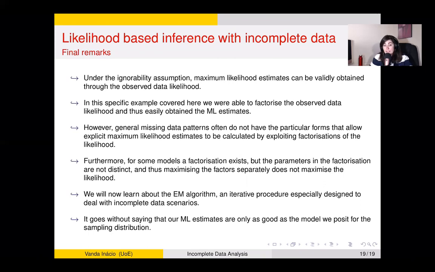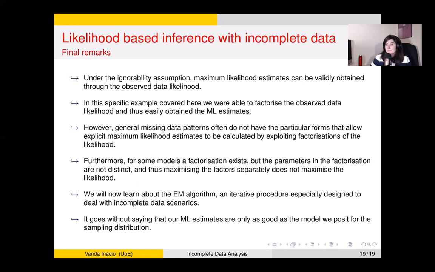It goes without saying that we have talked about ignorability and maximizing the observed data likelihood. If data are MAR and parameters are distinct, I can maximize my likelihood of the observed data. But at the end, and this goes to a fundamental question, my estimates will only be as good as the model that I use for my sampling distribution.